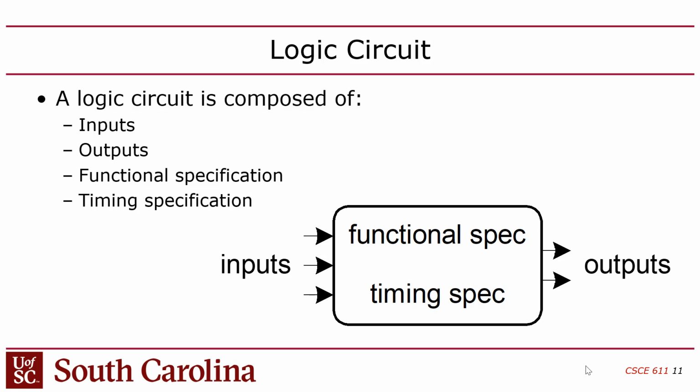Does that make sense? So in this class, I'm not going to talk much about the timing until we get to the end of the semester. I have a lecture on timing analysis. But we're going to largely handwave that in this class. We're going to focus mostly on functional design or behavioral design. So our goal is to make a circuit that works.